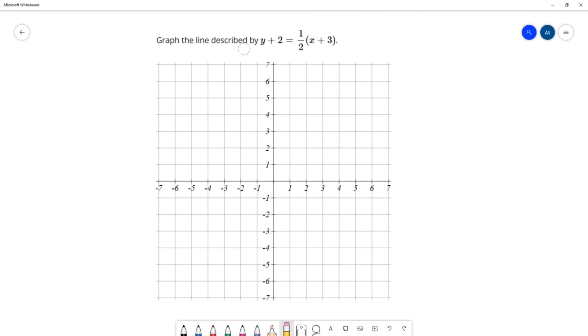Graph the line described by y plus 2 equals 1/2 times x plus 3. This is a linear equation which is written in point-slope form.